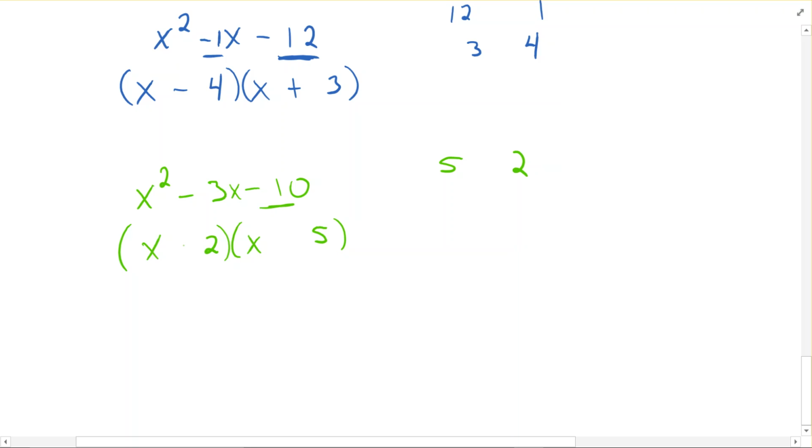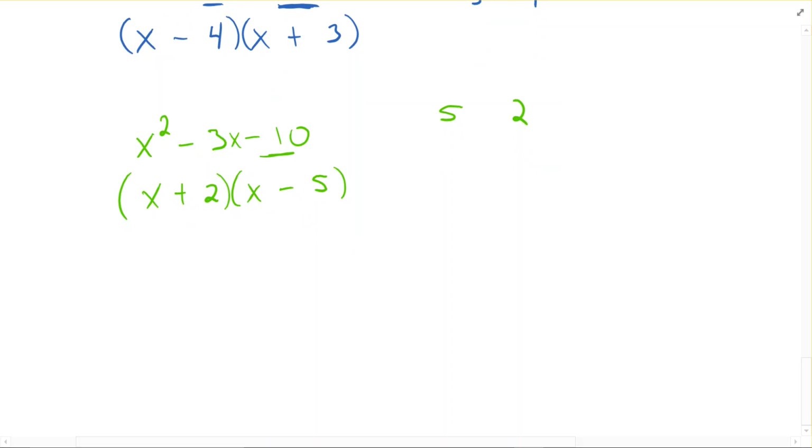What if I made this one negative and this one positive? Well, okay, so then I've got that they multiply to negative 10, so we're good there. But if I go 5 minus 2, or negative 2 plus 5, same thing, I get positive 3, not negative 3. So I just got these signs backwards. So let's go positive 2 and negative 5. And that'd be it.